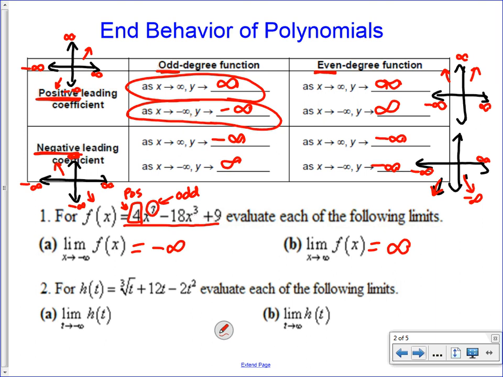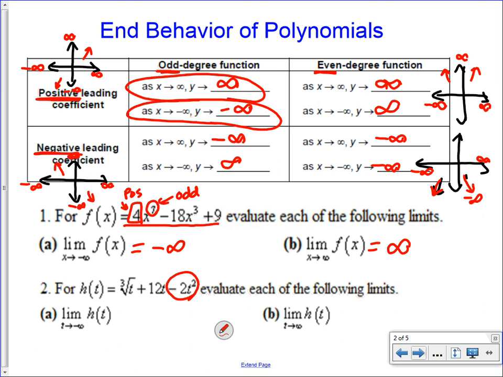Now, you got to be careful on this one. The degree here is actually 2. That would actually be our leading term.